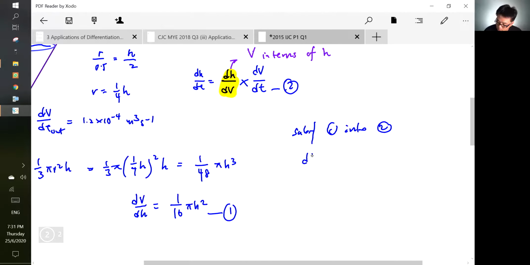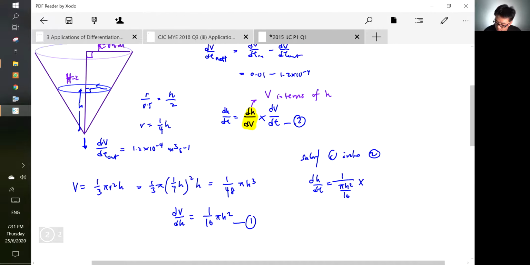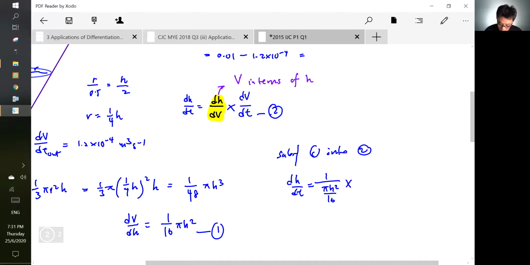This will be dh/dt, 1 over dV/dh, times dV/dt, which is actually 0.01 minus 1.2 times 10 to the power minus 4, that is 9.88 times 10 to the power minus 3.